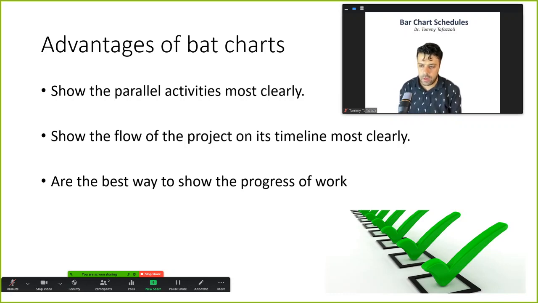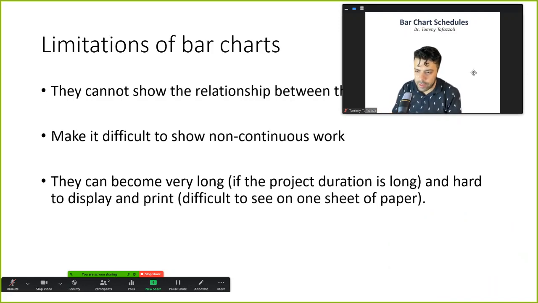They're easy to understand for everybody. And I would say the main advantage is showing the parallel activities. In bar charts, it's the easiest to show. You can see how many activities should happen or are happening at the same time.